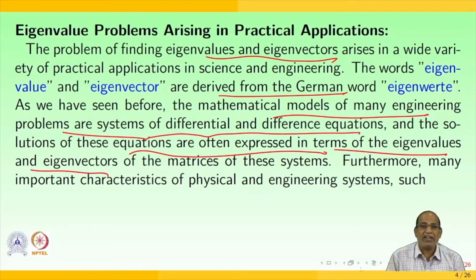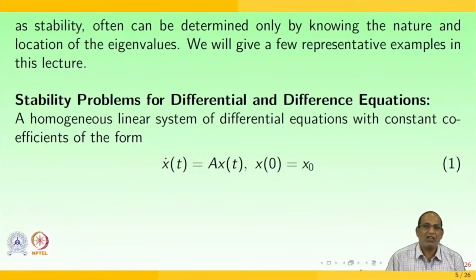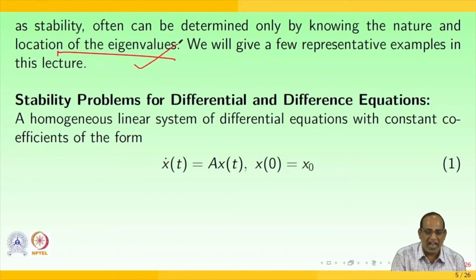Further, many characteristics of engineering and physical systems which do arise, we try to determine by knowing the nature and location of these eigenvalues. We will give a few representative examples here.